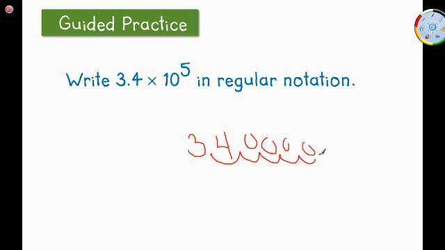I'm filling these in with zeros, and my decimal goes here. So I'm left with 0, 0, 0, comma, 0, 4, 3. I wrote it backwards to help me with my commas. So the answer of 3.4 times 10 to the 5th in regular notation is 340,000.